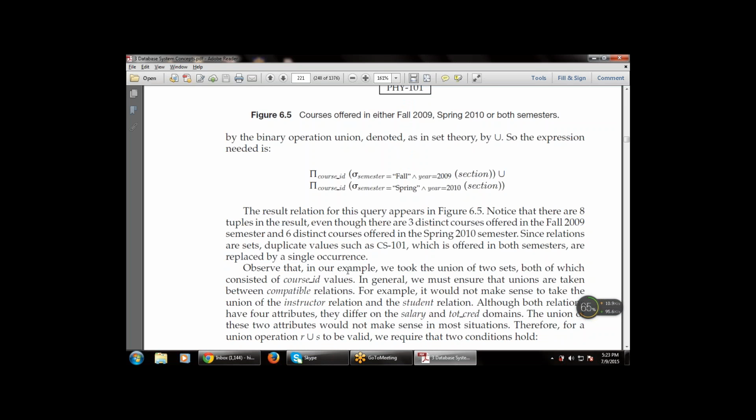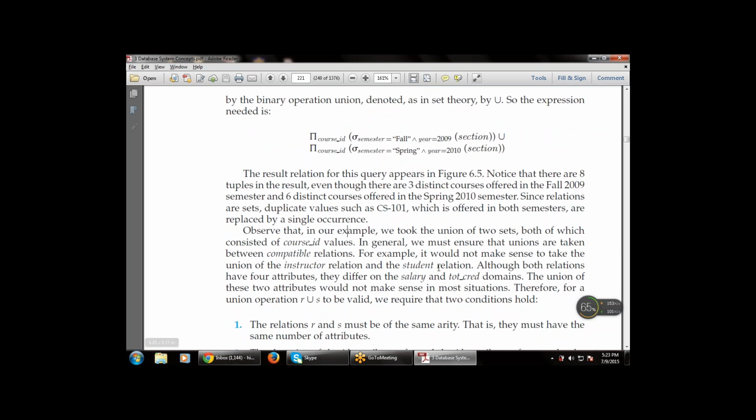Observe that in our example, we took the union of two sets, both of which consist of course ID values. We must ensure that unions are taken between compatible relations. It would not make sense to take the union of the instructor relation with the student relation.